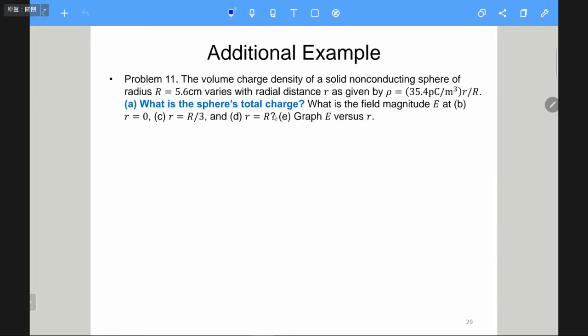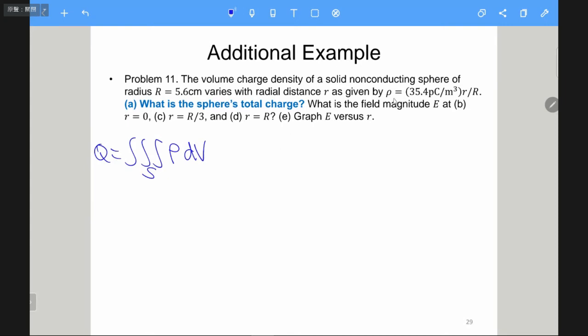So what is the total charge? For the total charge, we actually need to use the triple integral of rho s. So it looks so horrible, but actually not really.